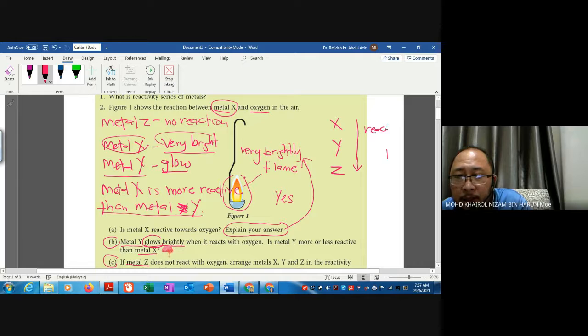Reactivity decreases. Reactivity of metals decreases when going down the series.